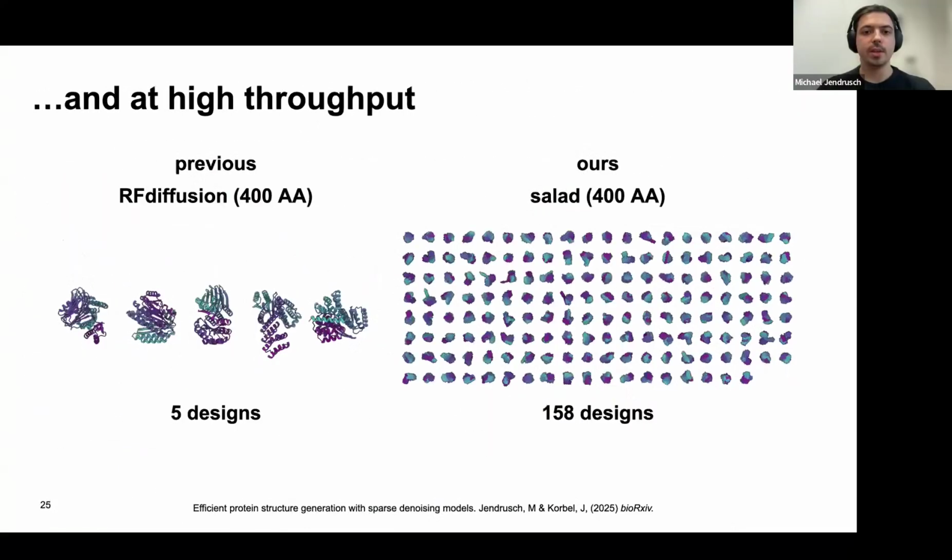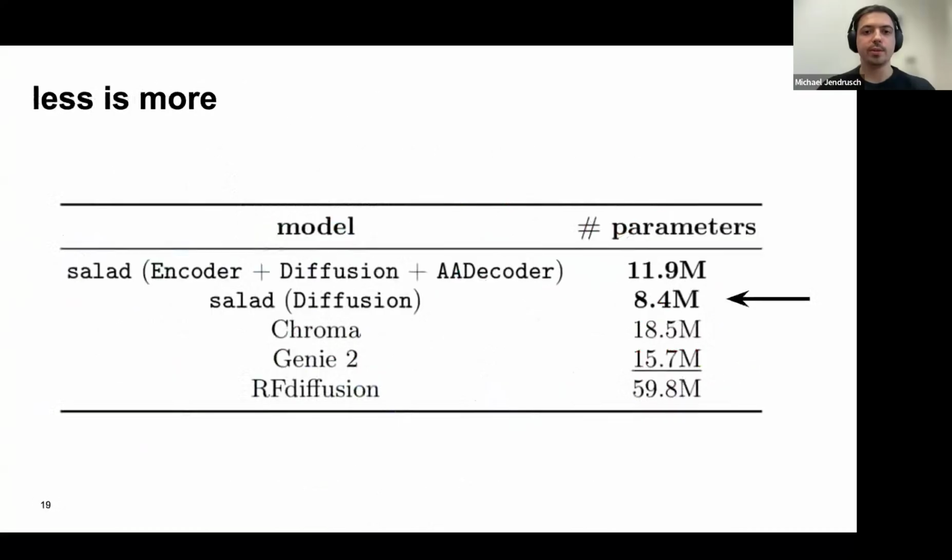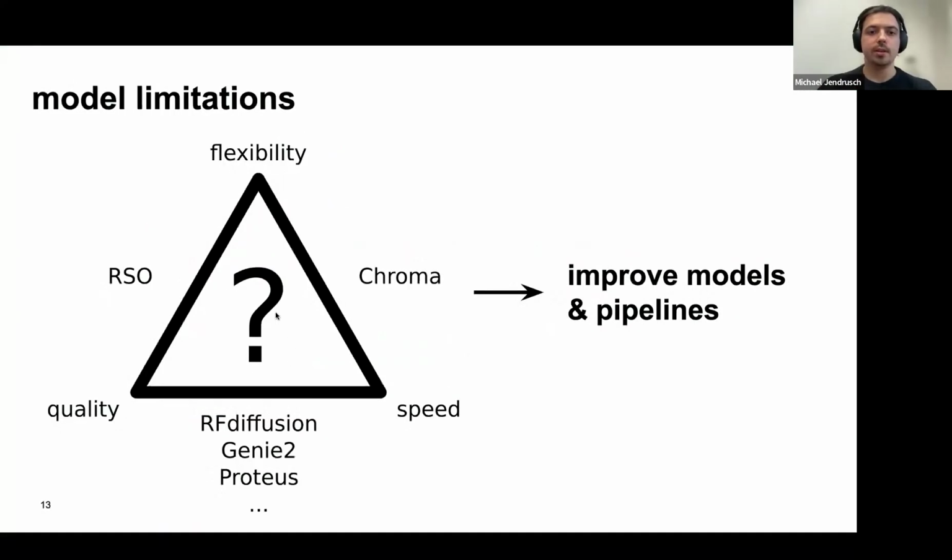So in the end, the trade-off triangle. I would say Salad is very much at the maximum of speed, but the quality is also comparable or better than previous diffusion models. In terms of flexibility, it is somewhat less flexible than hallucination-based approaches because sequence conditioning is more difficult in Salad. I wouldn't say it's impossible, but it's more difficult because Salad operates mostly on structure.